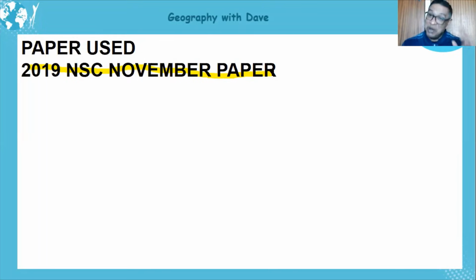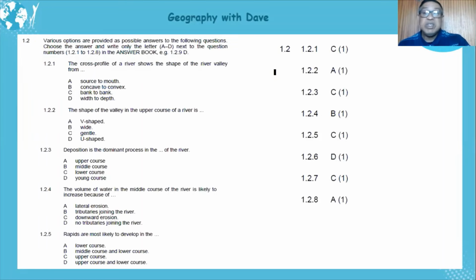So I know I'm going to say it again and again and again. Let's look at the strategies and how this paper is approached with regards to geomorphology. Once again, we're noticing a trend in climate and geomorphology in this paper, that we don't always get the resource.